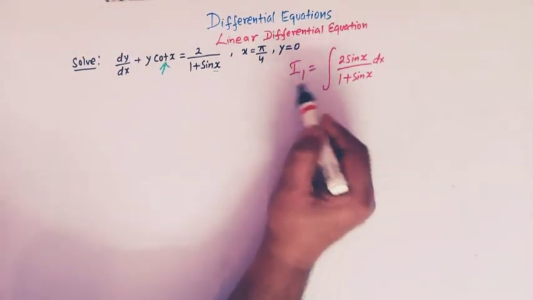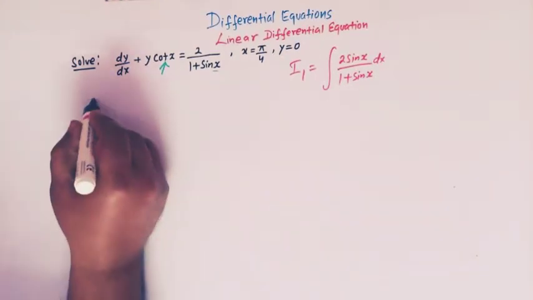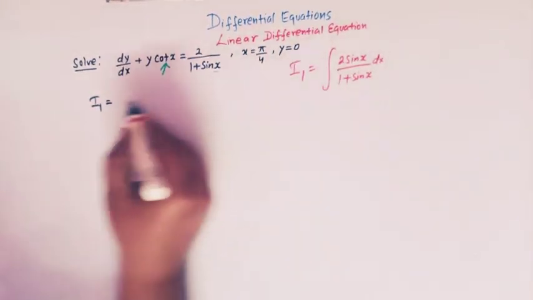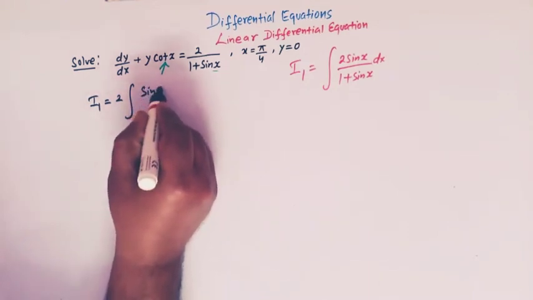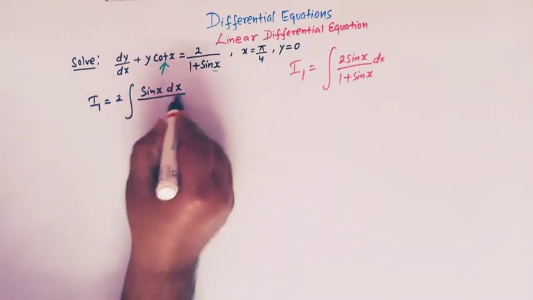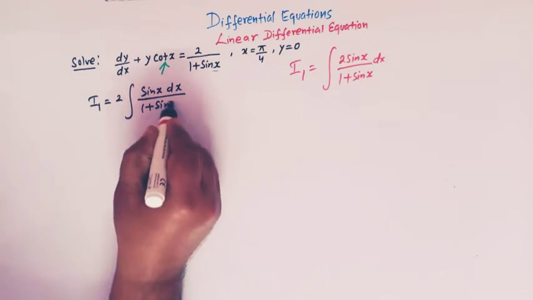To evaluate this integral I1, we'll take 2 outside the integral sign, and we have sin x dx over 1 plus sin x.